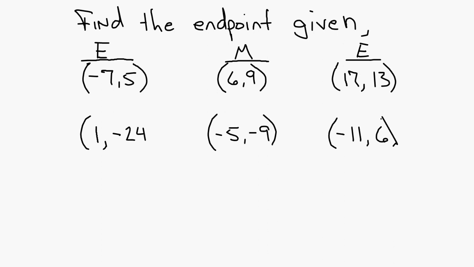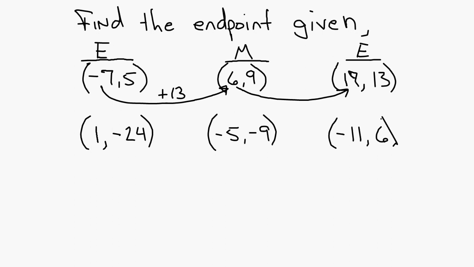Wait, how did you get 17? Because I asked the class, how far is it from -7 to 6? And that is 13 units, positive 13 units. So 6 plus 13. Wait a minute, it's supposed to be 19.